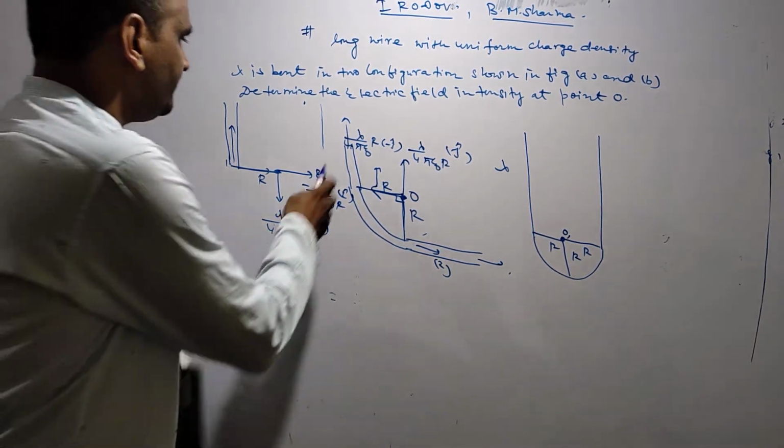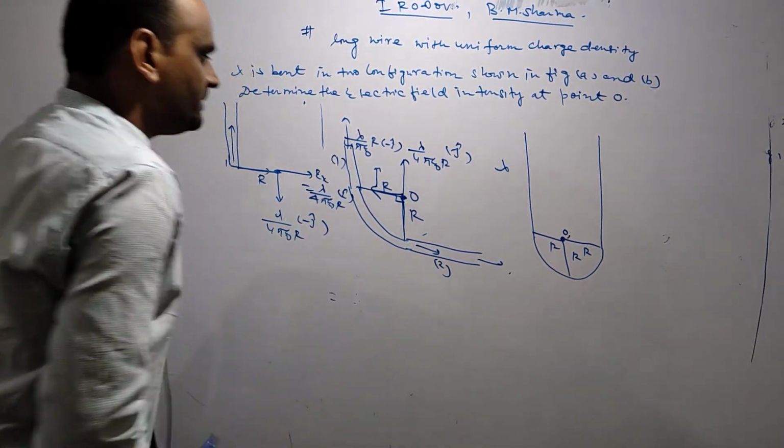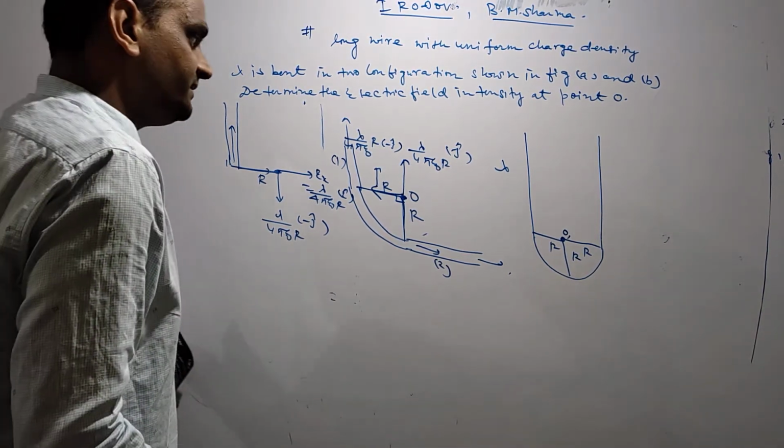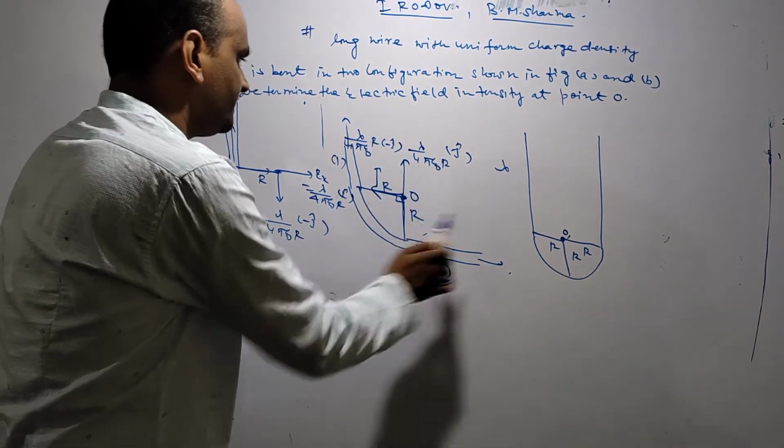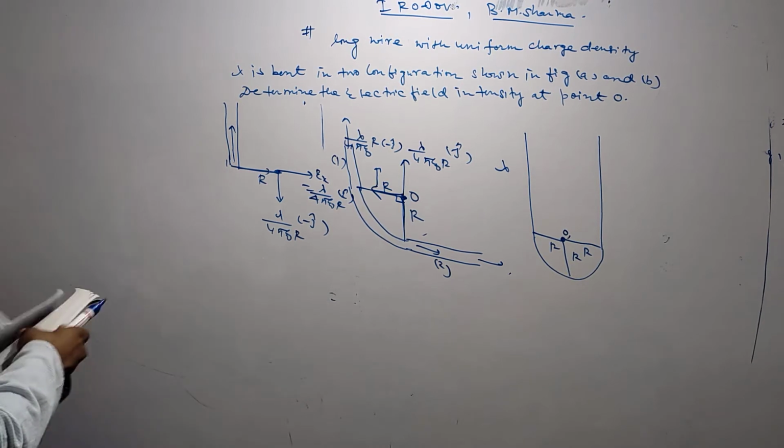So for segment 1 and 2 we are not getting any electric field, it is contributing none because it is getting cancelled out, okay.